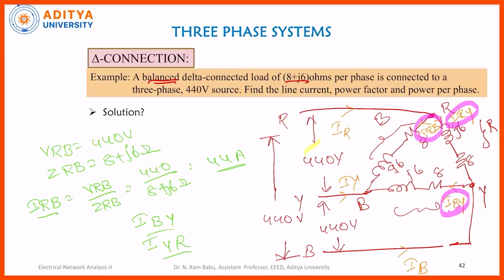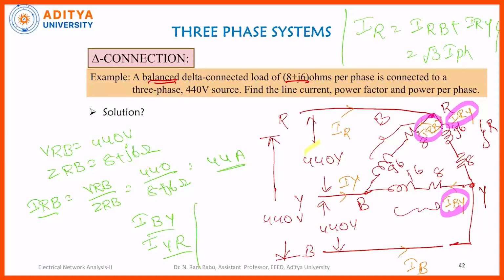Now I got the value of phase current. From this I can calculate the values of line currents. Line current IR is equal to IRB plus IRY. Like this you can calculate it, or else line current is equal to root 3 times the phase current.